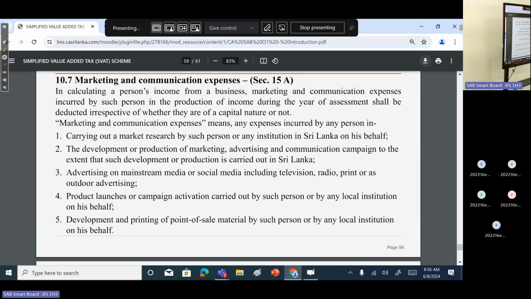In a supermarket, when you come in, they give some sort of booklet. What discounts they are offering and what type of items are there? That is also point of sale material. Right? That is also deductible.